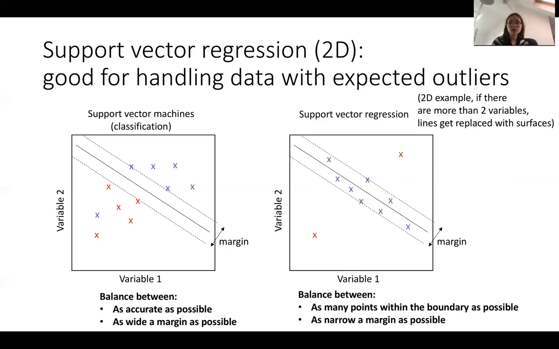In support vector regression, we want to find a line of best fit such that the margin is as small as possible and there are as few points as possible outside the margin. So in this case, there's 2 points that are not within the range of the margin. Support vector regression works quite well when there's outliers compared to ordinary least squares regression, which is what we talked about in the previous slides.